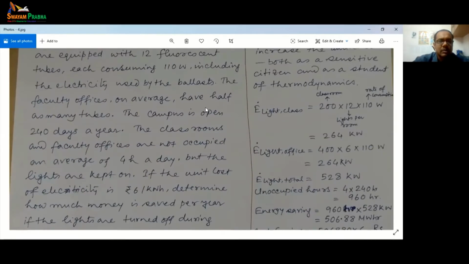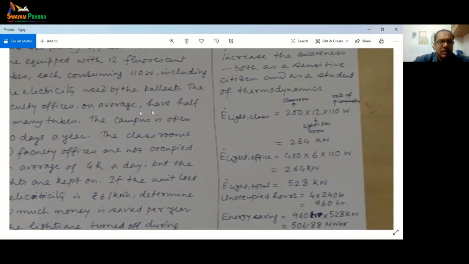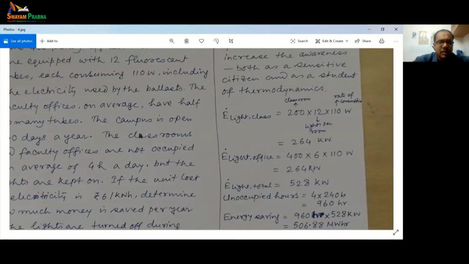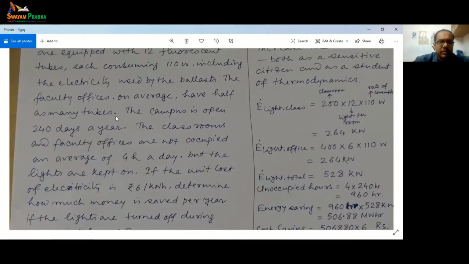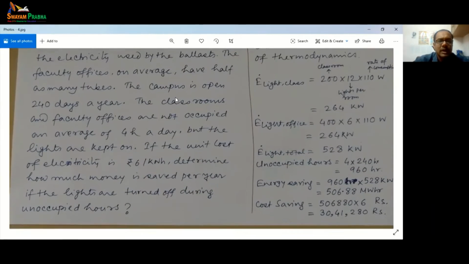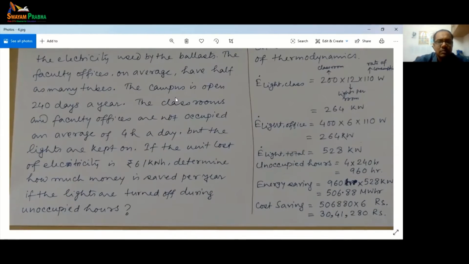Now the faculty offices on average have half as many tubes, so 6 each. The campus is open for 240 days a year. Not any campus is open for 365 days; the working days are 240 days a year. The classrooms and faculty offices are not occupied for an average of 4 hours a day.